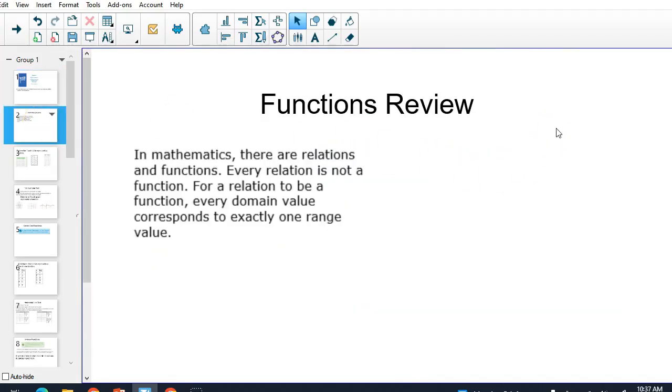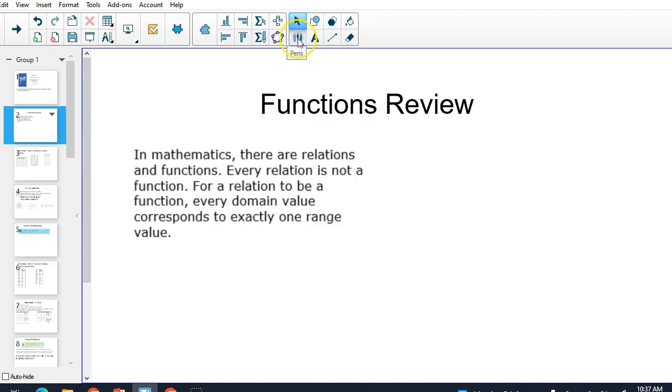So, just talking about a function in math relations, or what we normally see, it's defined as a function if the relation for every domain value corresponds exactly to one range value.